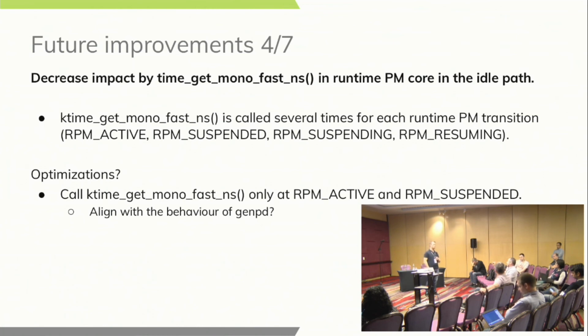If in between entering and exiting you have a GFI change, that means it's long enough, so you don't need the resolution of the timer. That just saves a few calls to cat time get in this path. Yeah, that's just a suggestion. I mean, we can look into it and see how it plays.